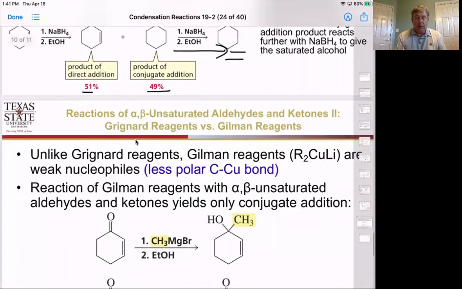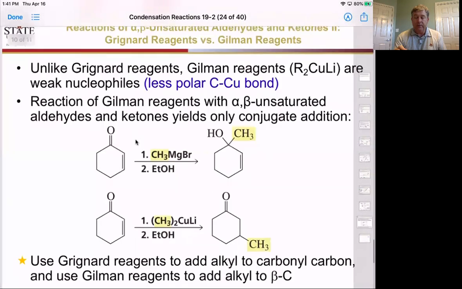Okay, so if Grignard reactions give us 1,2 additions, do we have other nucleophiles that'll give us that 1,4 predominantly? And we do. In our Grignard reaction chapter, we also had these copper-based nucleophiles, okay? In the copper-based nucleophile, where we have the alkyl copper lithium compound, that's a less polar bond, and if it's a less polar bond, that makes it a weaker nucleophile.